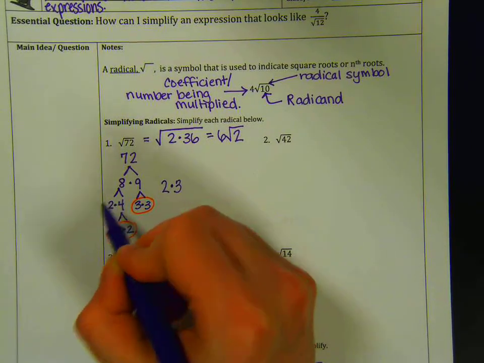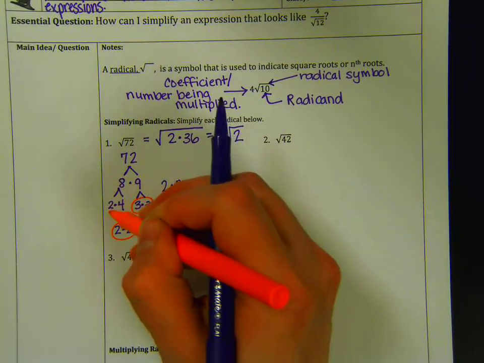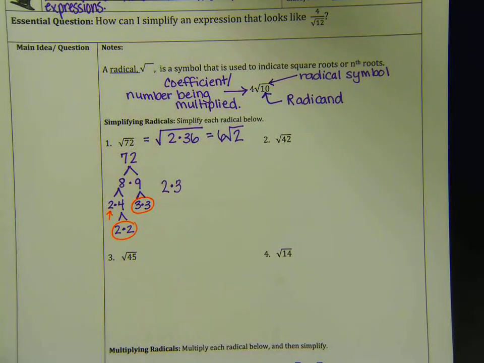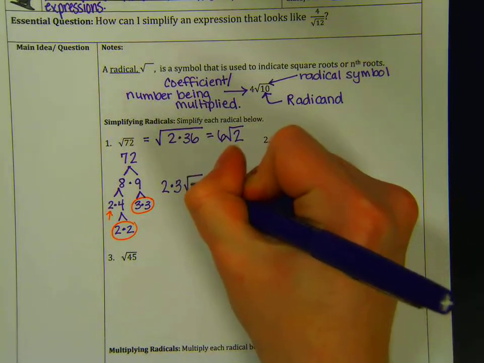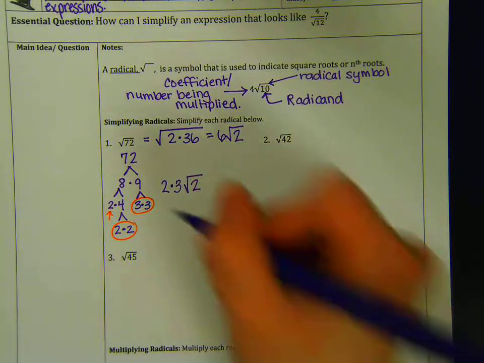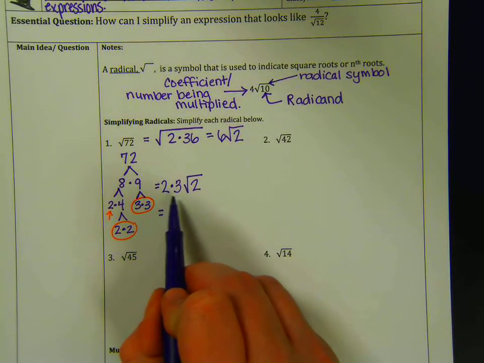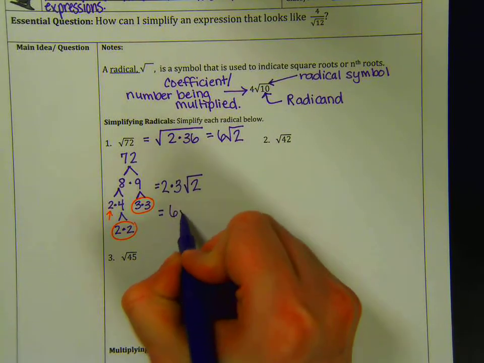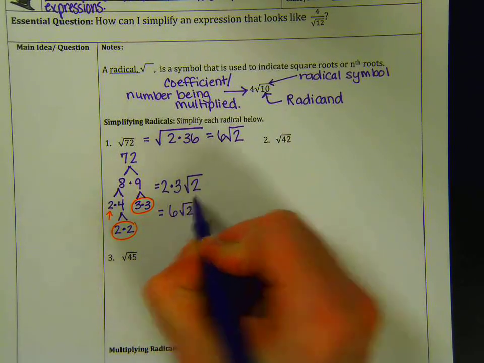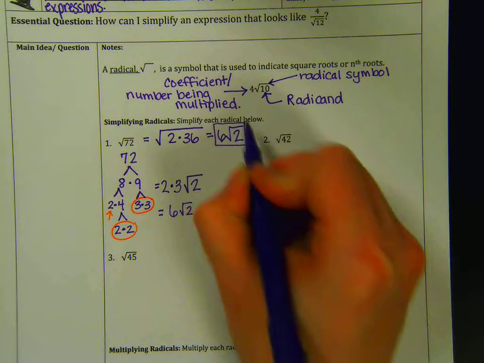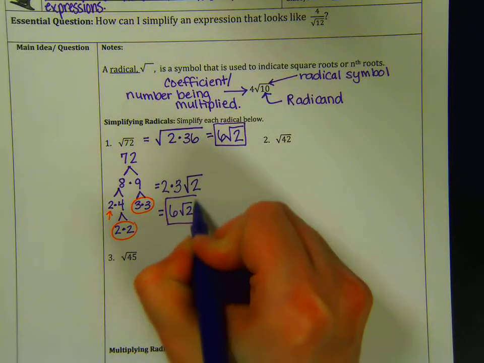And this lonely little 2 up here in this corner, that has to stay underneath the radical. And we're going to get to multiplying later, but 2 times 3, we know that's 6, and that also gives me 6 root 2. So either way, you can do it either way you want to. It's up to you.